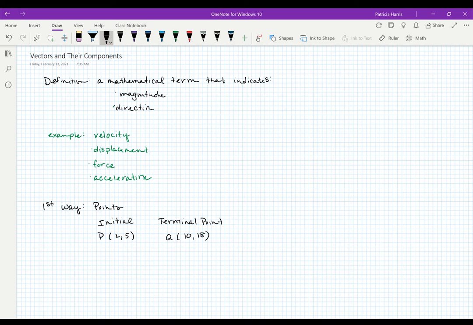Okay, so that would be if I were to put a vector on any place on my coordinate plane. So the initial point is always listed first, and then the terminal point is always listed last.